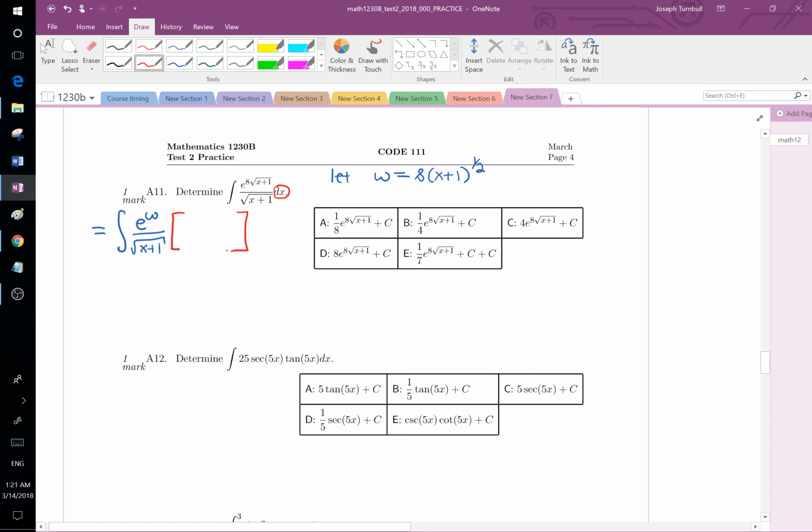You substitute dx divided by the square root of x plus 1. You substitute that as something. I'm just going to do it the way that I like to do it. So I want to wholesale replace dx with something else, with dw times stuff.